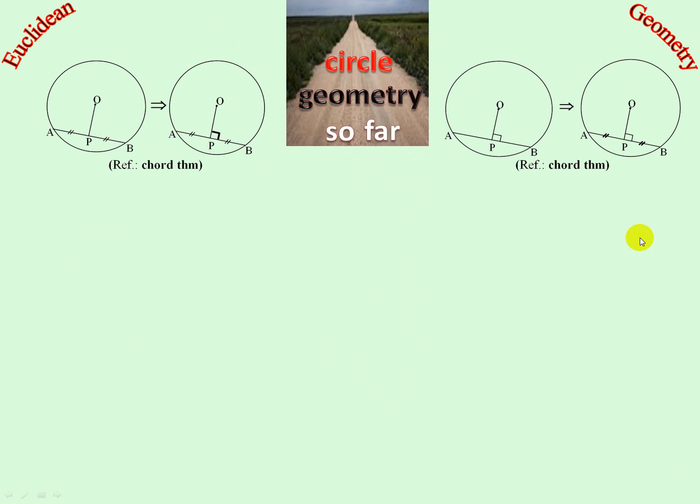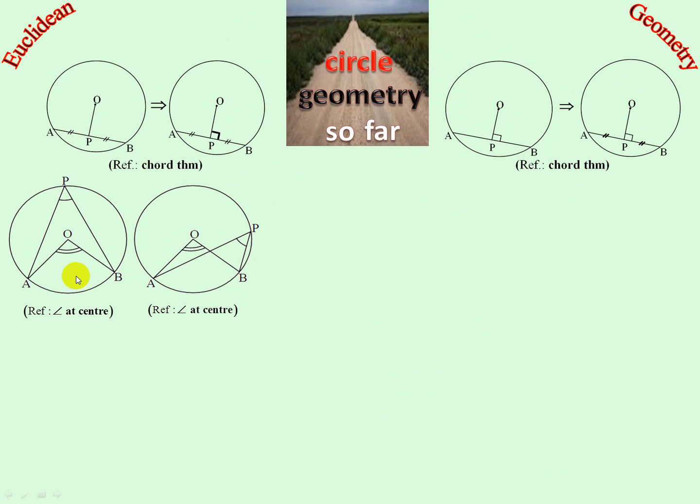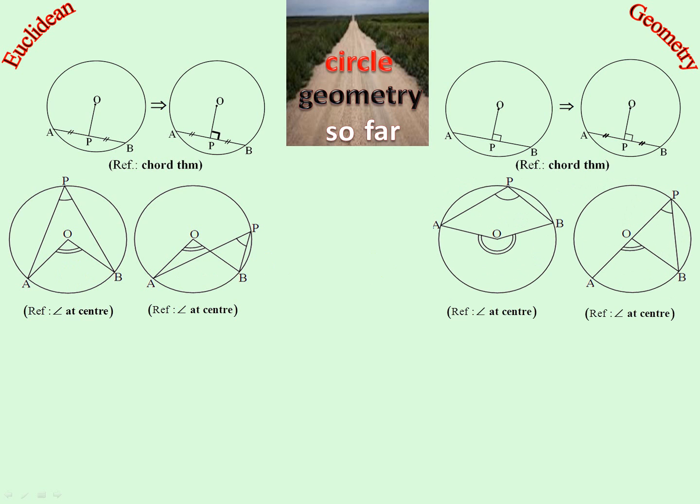So, circle geometry so far. We have the chord theorem, converse chord theorem, which we just call chord theorem. Angle at center, two more angles at center, there. Angle in the semicircle, an extension of angle at center, where we've taken these lines and formed a straight line with them.